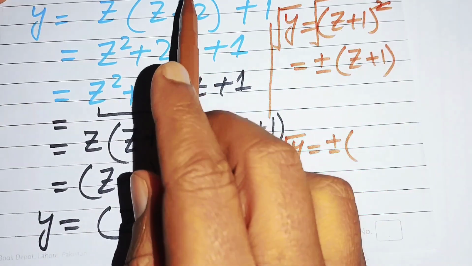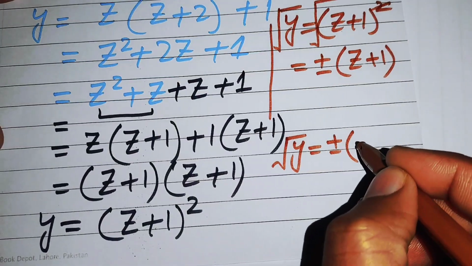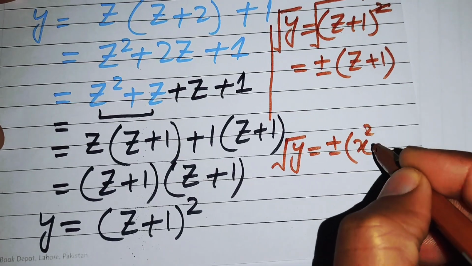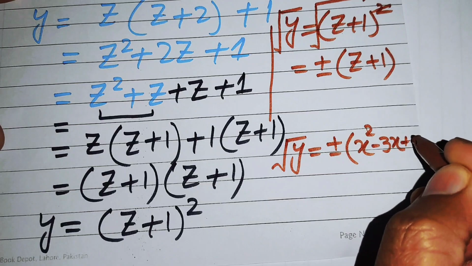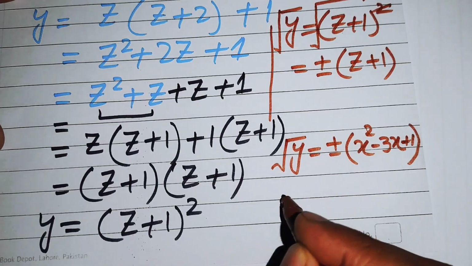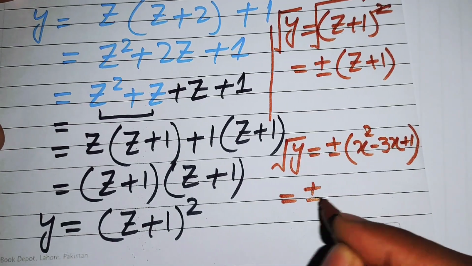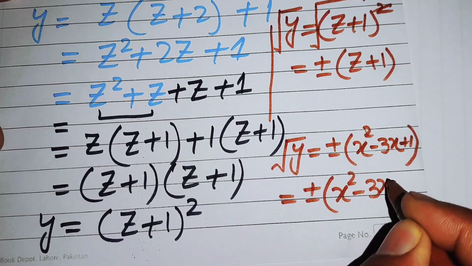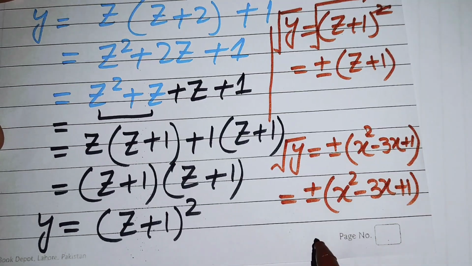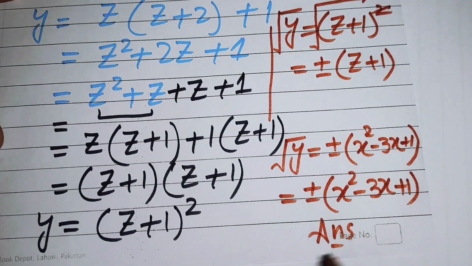The value of z is x square minus 3x, so we put here x square minus 3x, and this is our plus 1. So it means that our final answer will be written as x square minus 3x plus 1. So this is our final answer of this question.